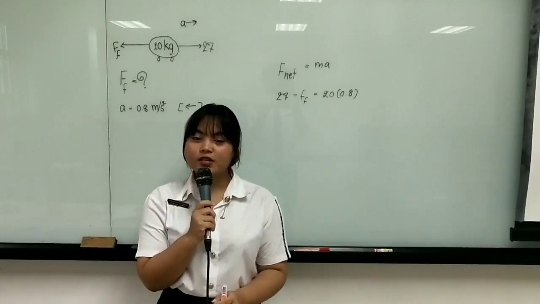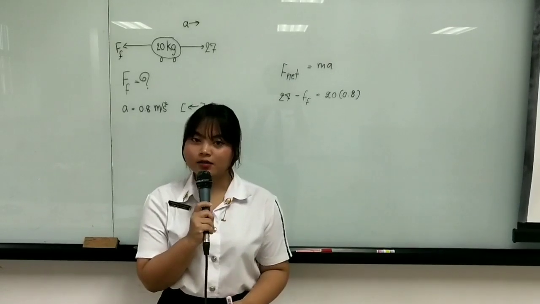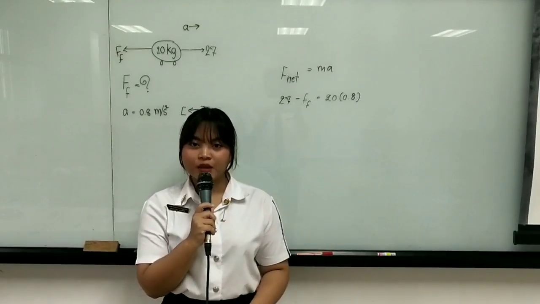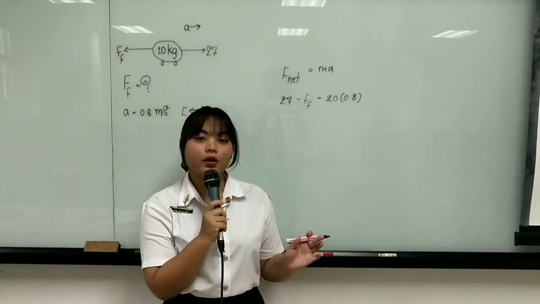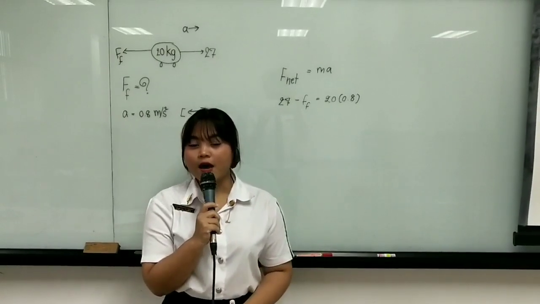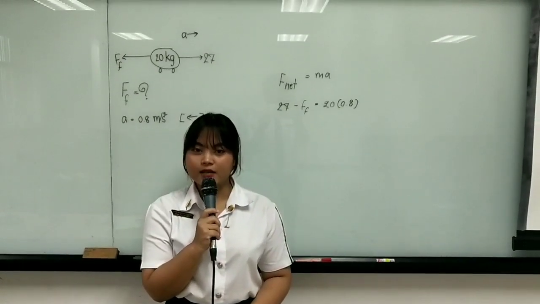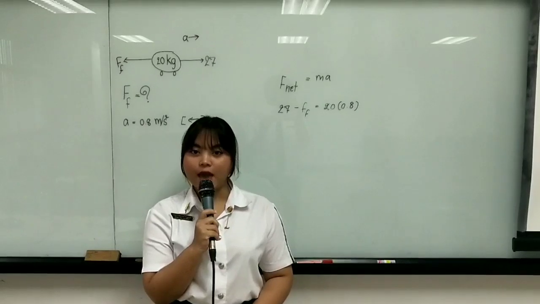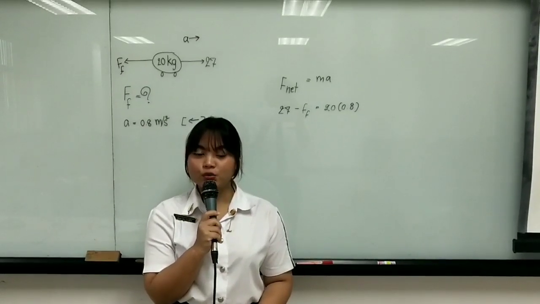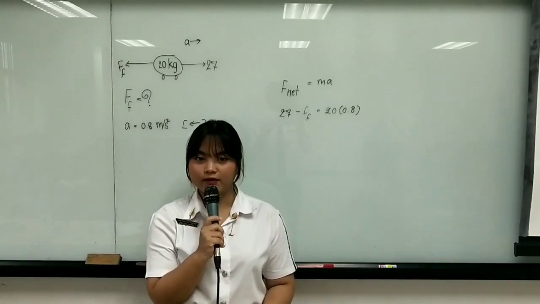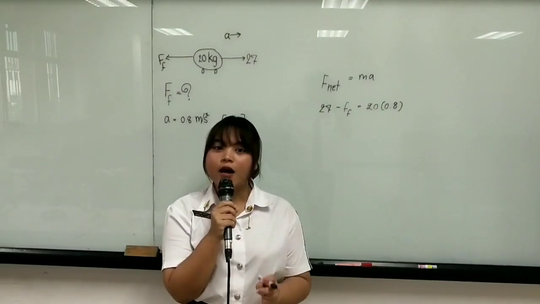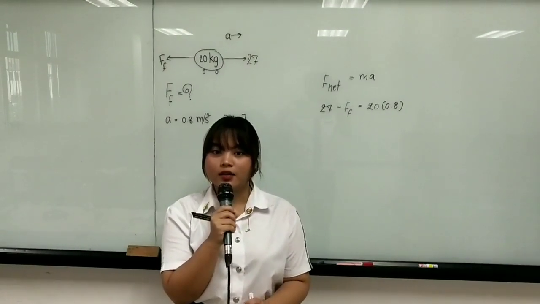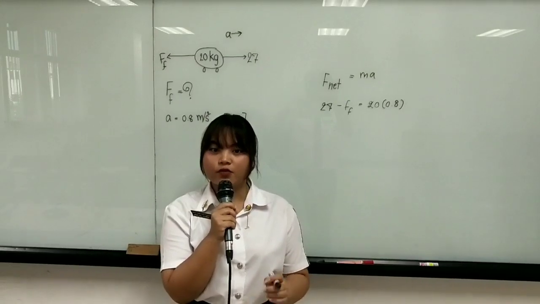Now it's important to note this is not a vector for me. It's a linear formula, because I already said 27 minus the force of friction, and I already said the friction is backward. So now I'm just solving for the magnitude of the friction.